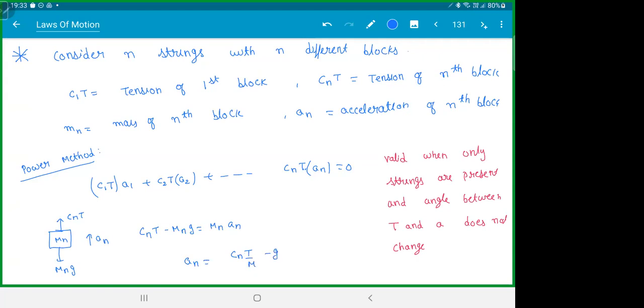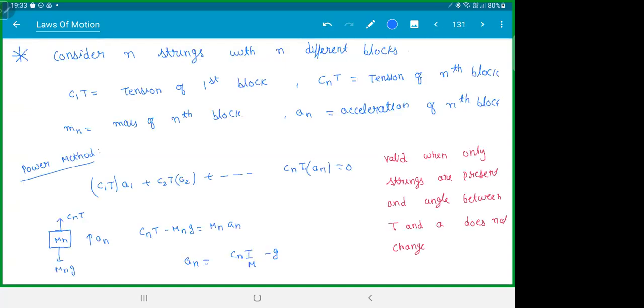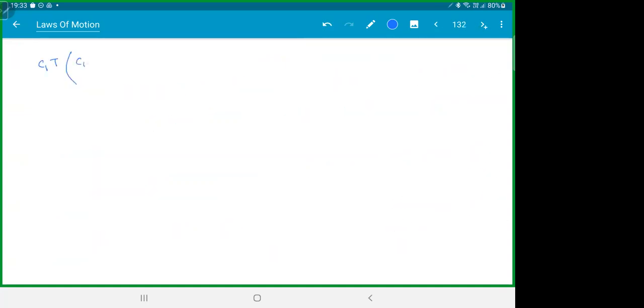So you can take this and dump it in that equation. If you dump it in that equation, you will get C1T times (C1T by M1 minus g) plus C2T times (C2T by M2 minus g), and so on till CnT times (CnT by Mn minus g).